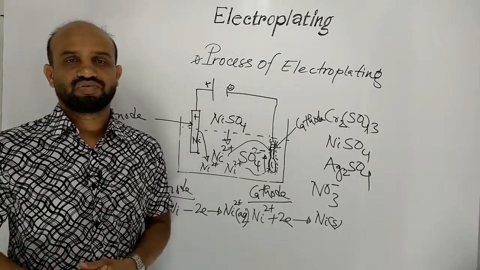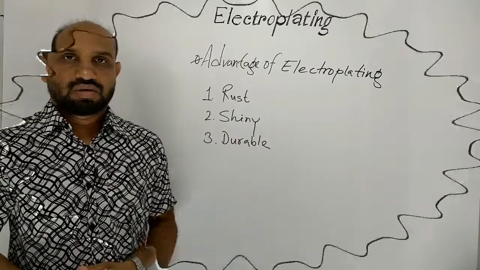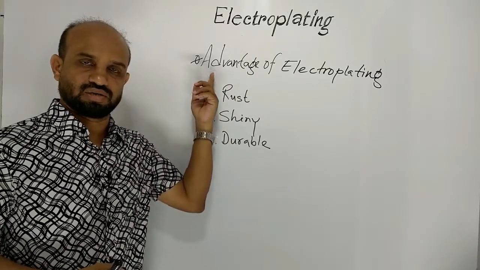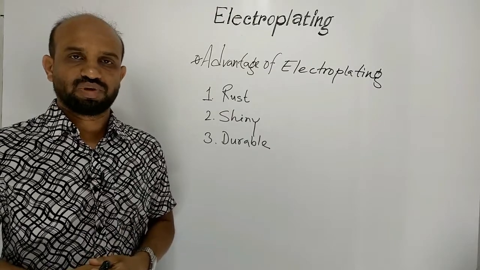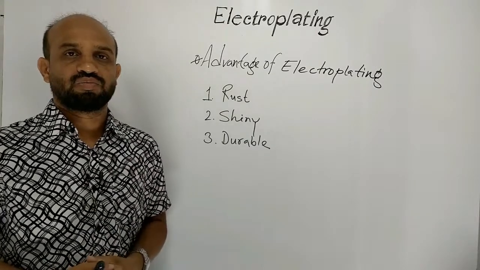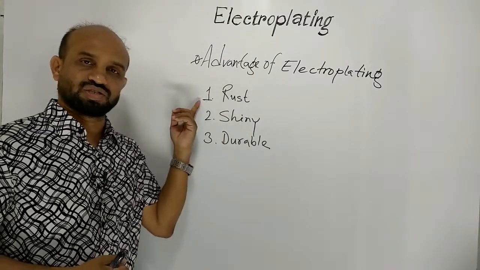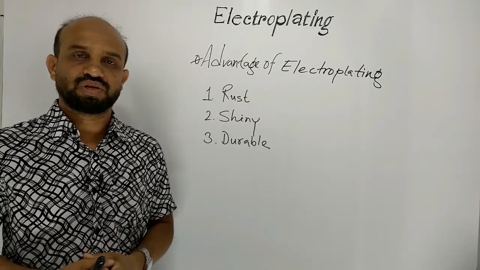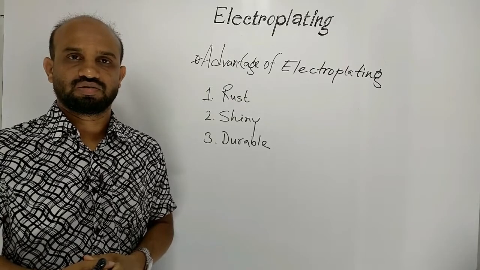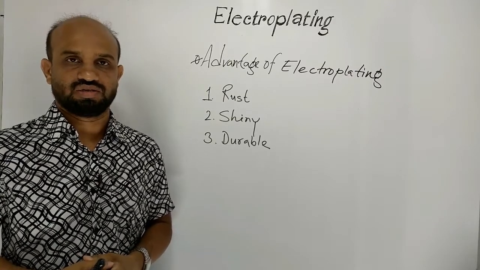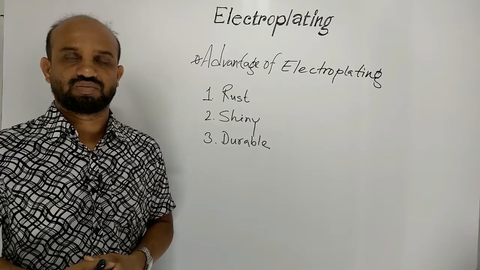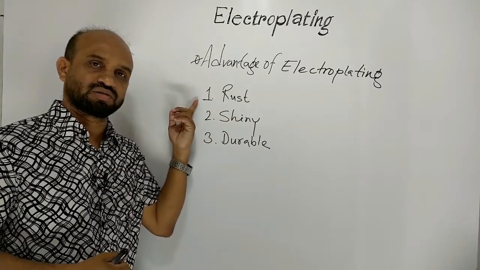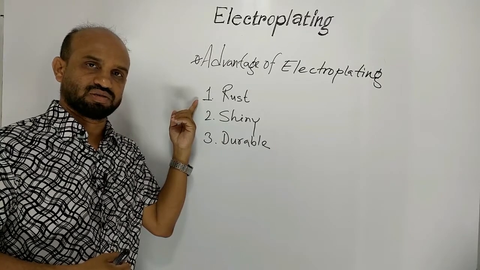Now let's see the benefits of electroplating. Now the point is the advantages of electroplating. Because of the electroplating, the reaction of rust formation is prevented. That is why the article is prevented from decaying, from being destroyed. So this is one of the advantages, that is, electroplating prevents rust formation.